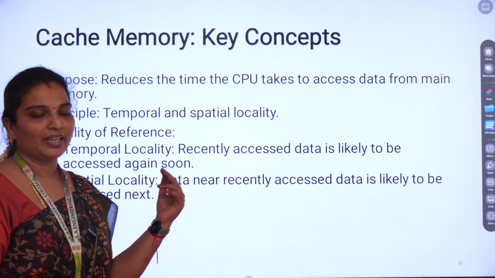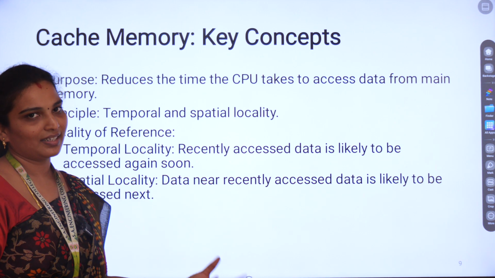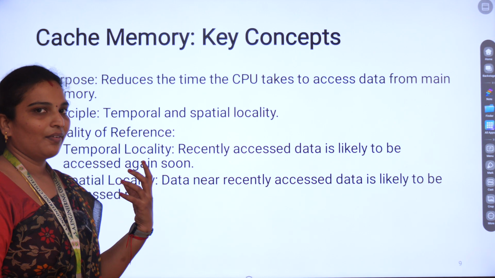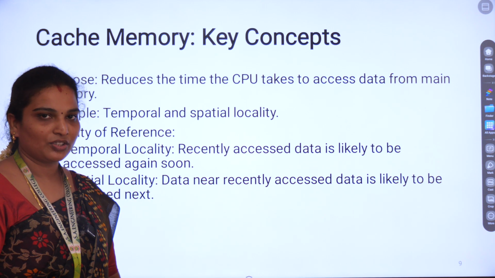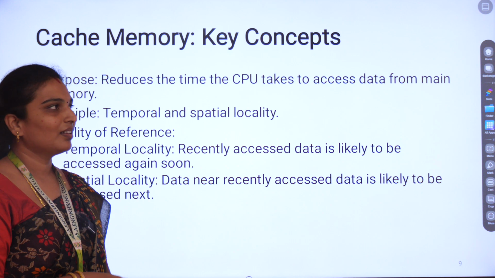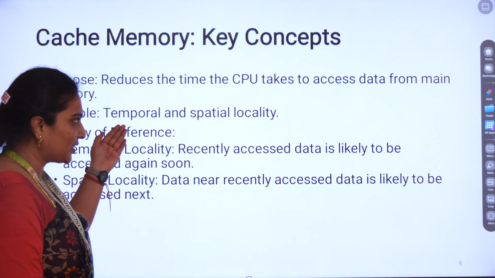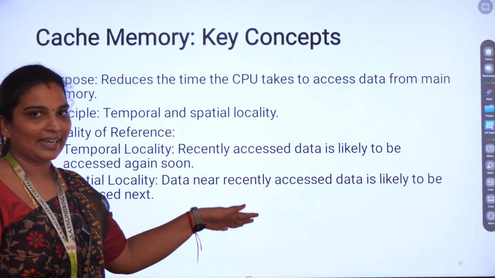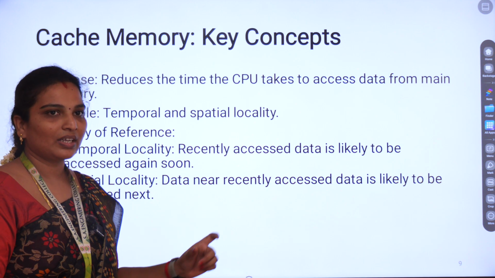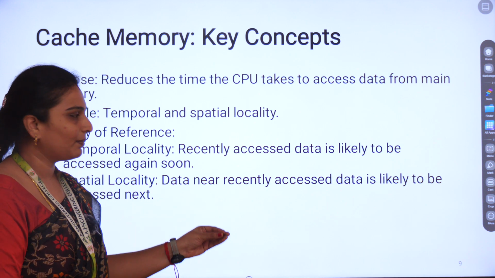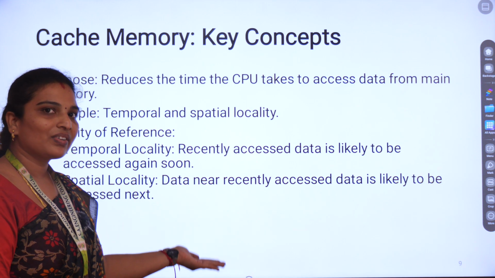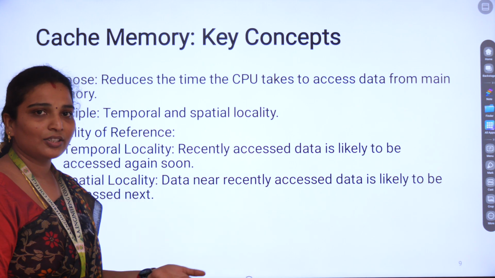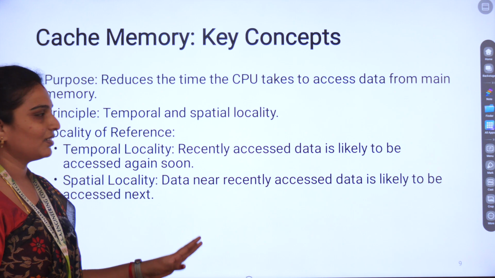The CPU takes much less time to access data from cache memory. If we are searching for information in a system, the CPU will first look into the register, and next it will look into the cache. Because all the frequently accessed items will be available immediately inside the cache, the data access is very much faster.